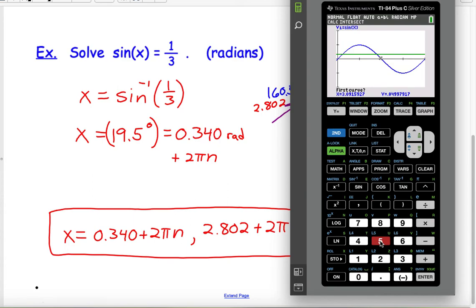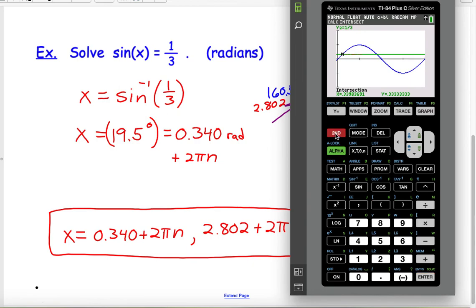The first curve is y1, press enter for yes. Is the second curve y2, yes. Give me a guess. Let's move over to the first one we got here. And that's close enough. And notice we get 0.3398, which we rounded to 0.340.